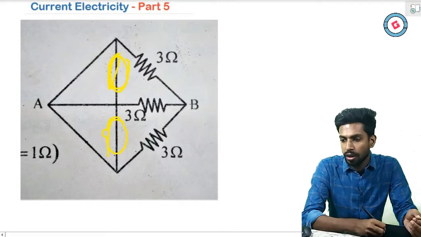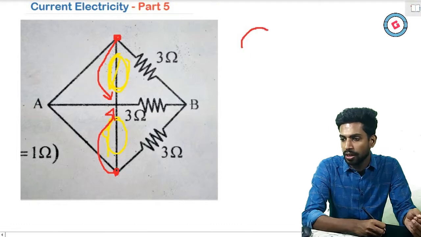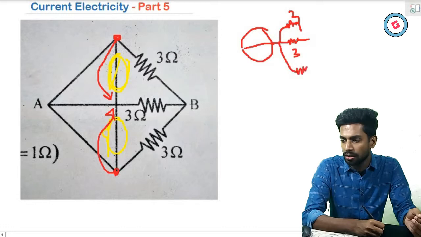If we do so, this point will come to this point, and this point will come to this point. So the network will look like this: 3 wires, then 3 ohm, then 3 ohm, and finally 3 ohm. So this is point A, and this will be point B.